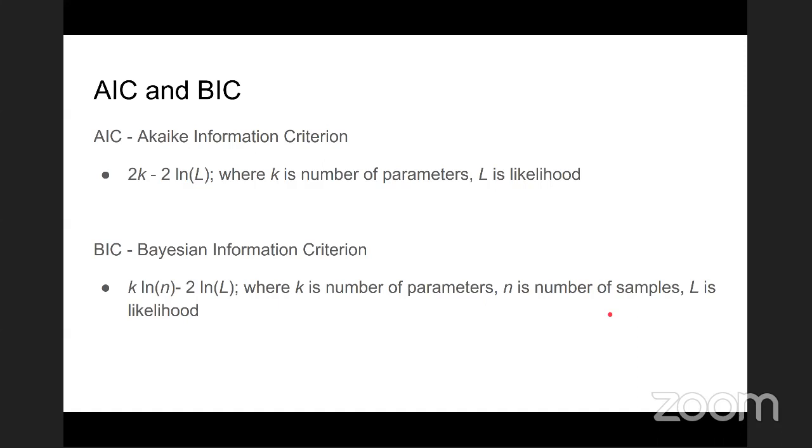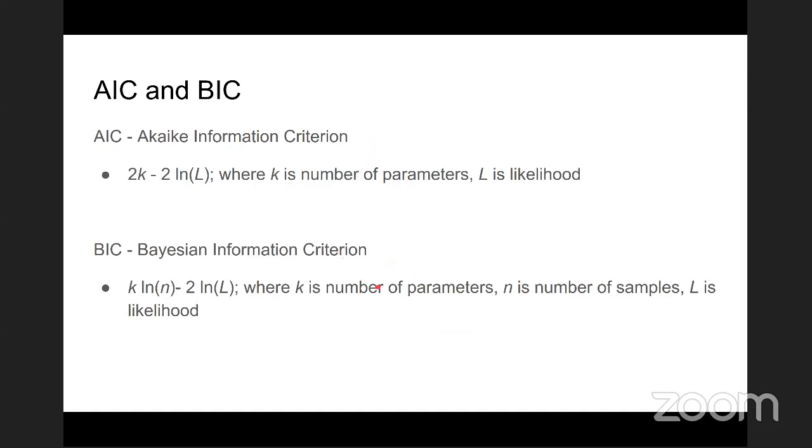Both penalize if you have high k. If you use more complex models with more variables, it penalizes that. But both of them want high likelihood for the data. So what is likelihood for the data? In a t-test, it would be the formula for fitting a Gaussian on the data.